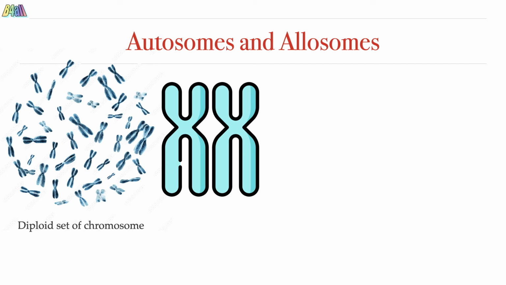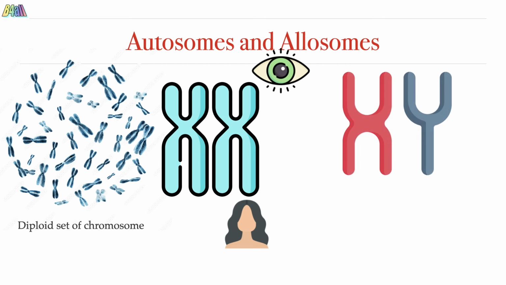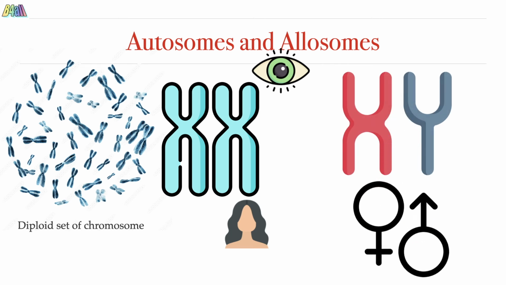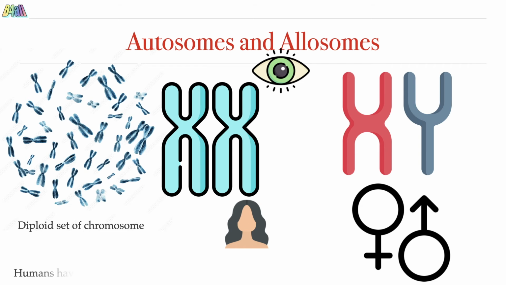The chromosomes that carry genes for somatic or body characters like hair color, eye color, height, etc. are called autosomes, and the chromosomes that determine the sex or the gender of the individual are called allosomes or sex chromosomes. In humans, we have 22 pairs of autosomes and one pair of sex chromosomes.